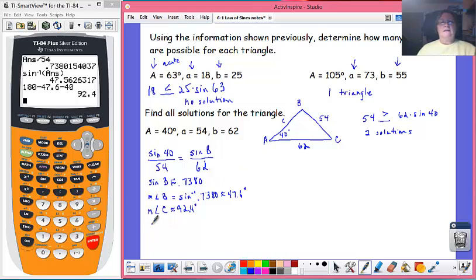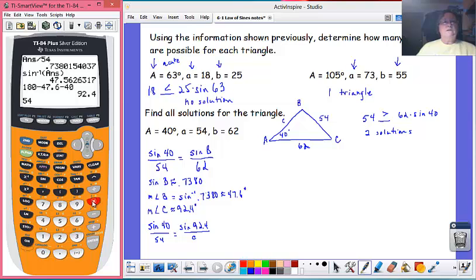And to find that length for side C, which is the only thing we have left, we can use the law of sines. So we go back to the angle side pair that we know. Sine of 40 relates to 54, the same way that the sine of 92.4 relates to the side across from it. So we want 54 times the sine of 92.4, and we want that divided by the sine of 40.